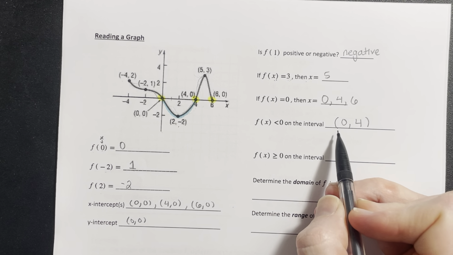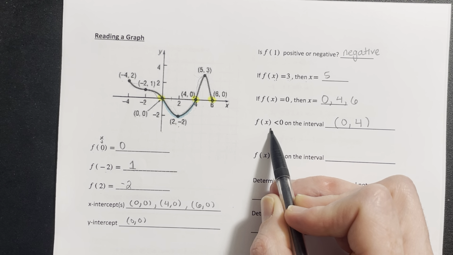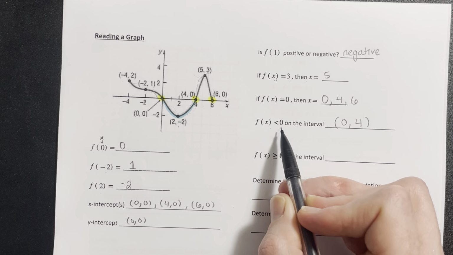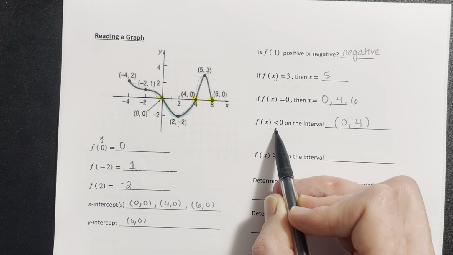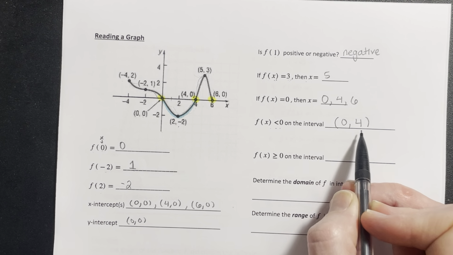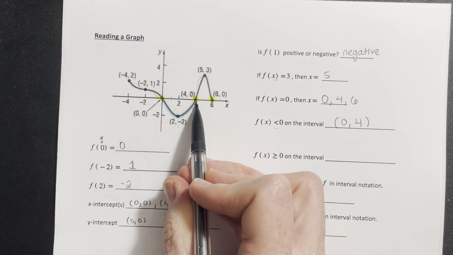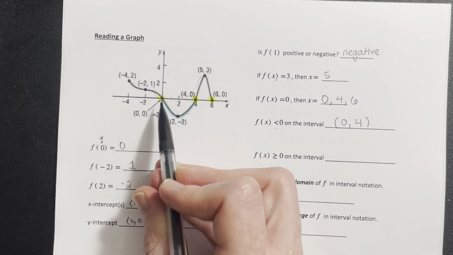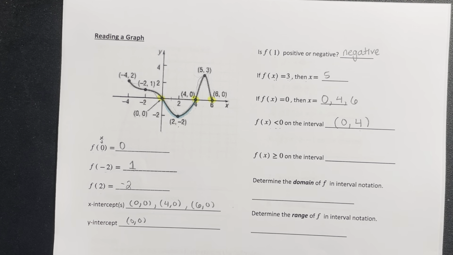And notice I didn't put brackets. I used parentheses. That is because the question, in this case, does not ask when it's equal to 0, only when it's less than 0. At x equals 4, we are equal to 0, and when x is equal to 0, the function is equal to 0.